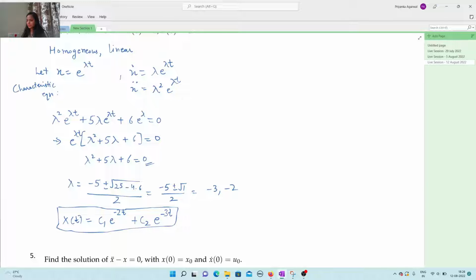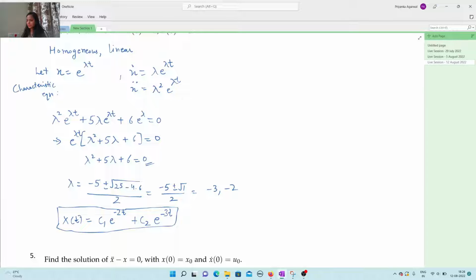We know that this equation is homogeneous, so the characteristic equation will be lambda square minus 1 equals 0. Simply if we substitute x equals e to the power lambda t, we will get this characteristic equation.